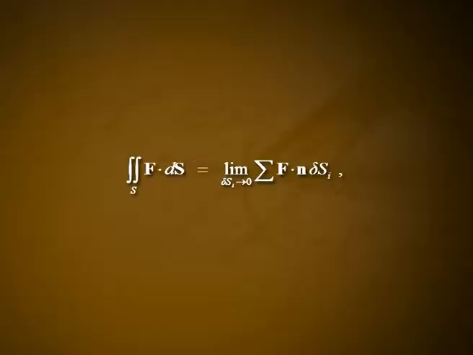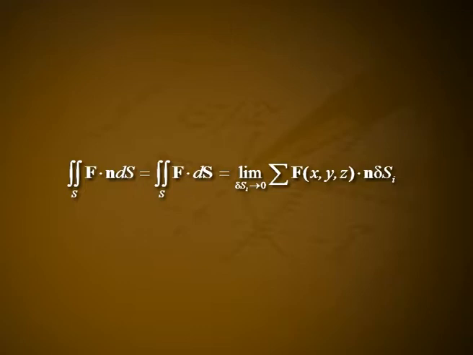This is sometimes called the flux of f across S. Hence, double integral over S f dot dS is equal to the limit as delta Si tends to 0 of sigma f dot n delta Si, where dS equals dS(x,y,z) is the vector valued function called the surface area differential, given by dS equals dy dz i plus dz dx j plus dx dy k.